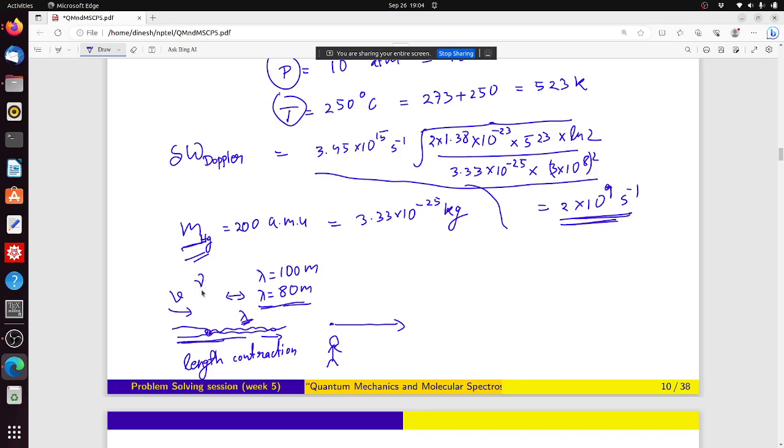The frequency of this light will increase. Let's say this is lambda 1, this is lambda 2. This is the original wavelength of light, and you are observing this wavelength to be 80 meter because it is moving towards you. So length contraction. You know the speed of light is nothing but lambda times nu, so if lambda decreases, then frequency will increase.